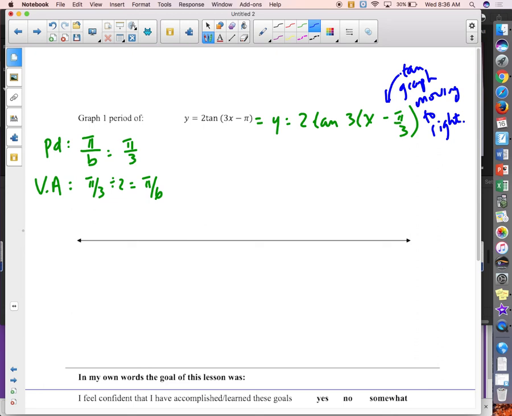So what I want to do is take a negative pi over 6, because that would have been my first vertical asymptote on the left, and add pi over 3 to it. Doing this math, my first left vertical asymptote will be pi over 6.